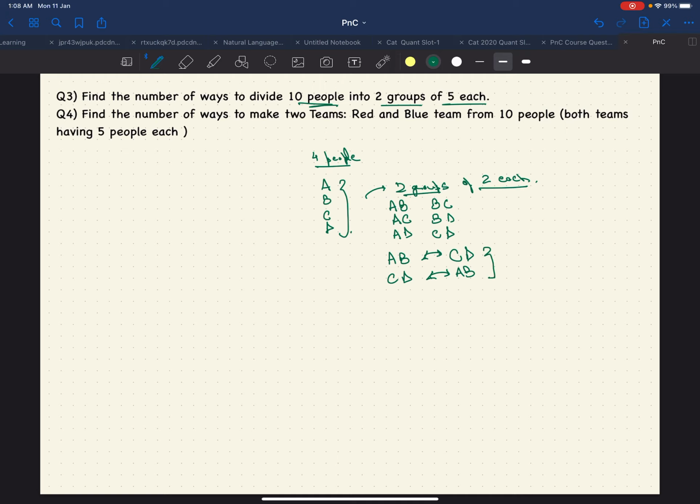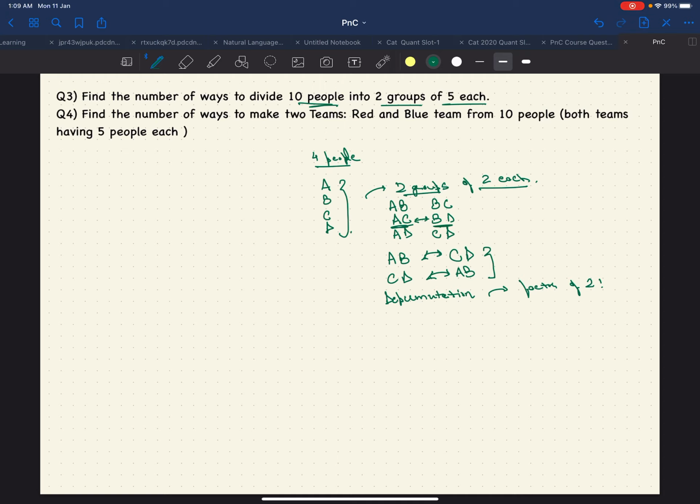So therefore, there's a depermutation which is required here using a factor of 2 factorial. Just like AB, CD and CD, AB, we will also have AC and then BD. These two cases will also be similar.